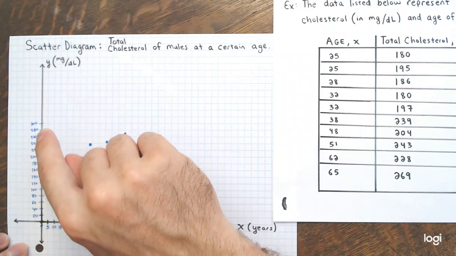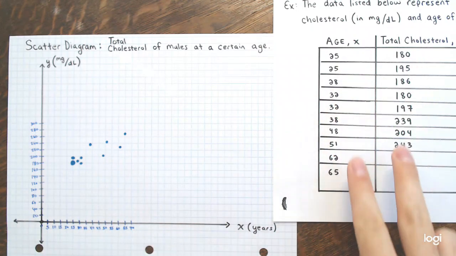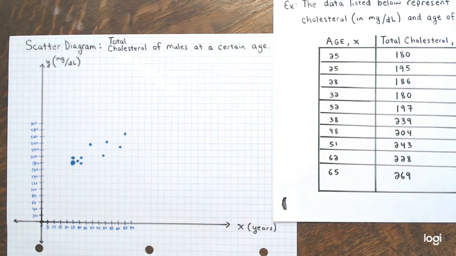On my vertical axis, every square represented 20 milligrams per deciliter. You can go back to that video if you wish to see how this was made, how these 10 ordered pairs were plotted. It shouldn't be too difficult. And then we're going to be asked to do some other stuff with this now.